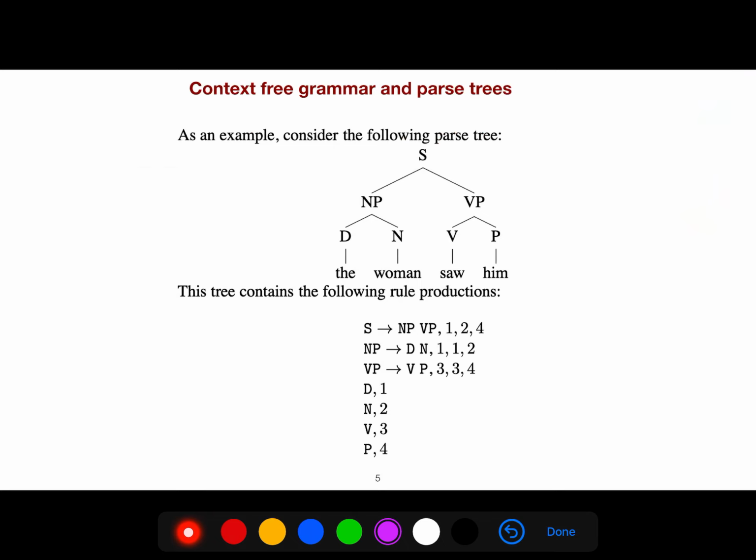For example, this tree contains the following rule productions. S goes to NP VP, 1, this is the first token, this is the second token, and token 4. Because we can name these tokens. And for example, NP here is D and N, with 1, 1, 2, which means the split is from here.